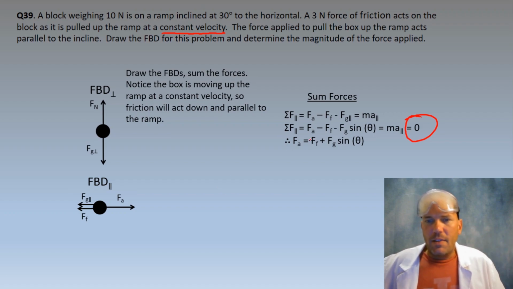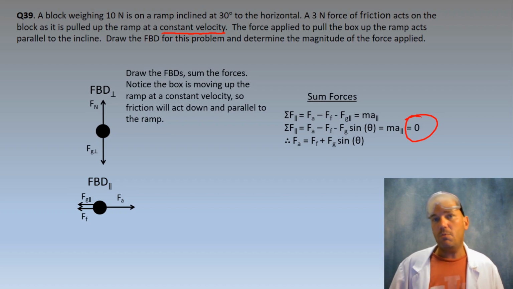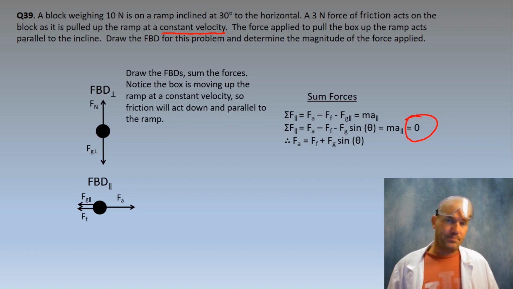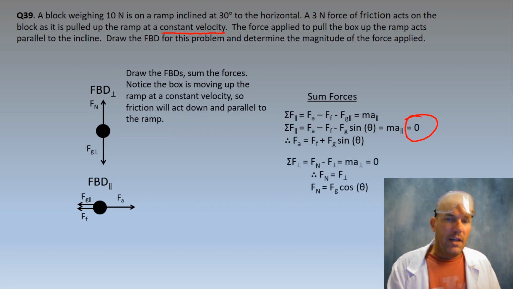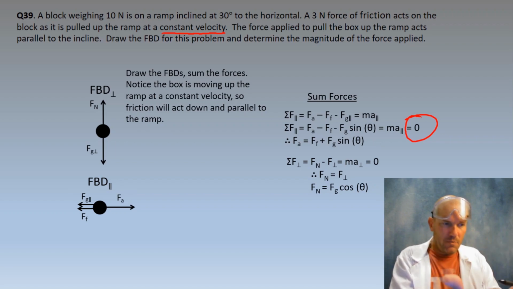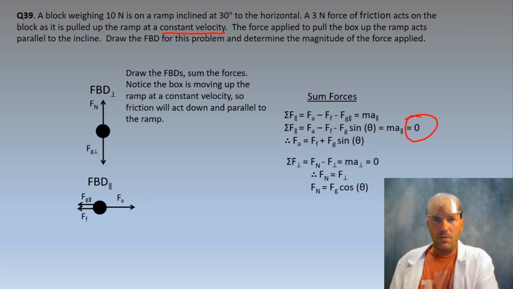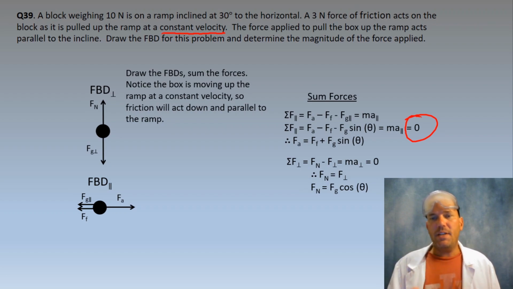That allows us to simplify this and have an expression for the force applied being equal to the force of friction plus the force of gravity sine theta. In the perpendicular direction, we end with the force normal being equal to the magnitude of the force of gravity perpendicular.